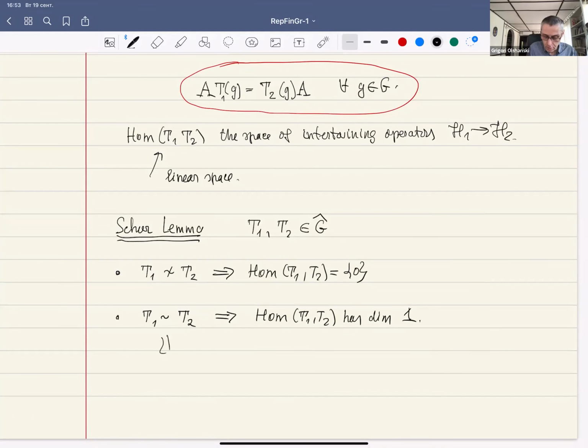One can assume that T1 and T2 are just the same. Then this means that the space of self-intertwining operators is one dimensional. But what does this mean? It is just the scalars.